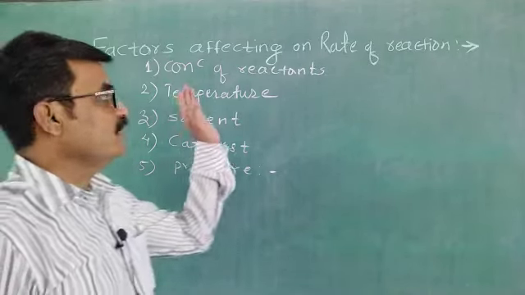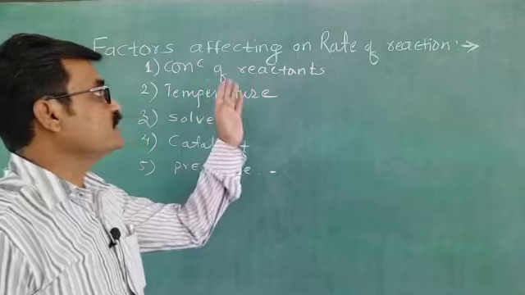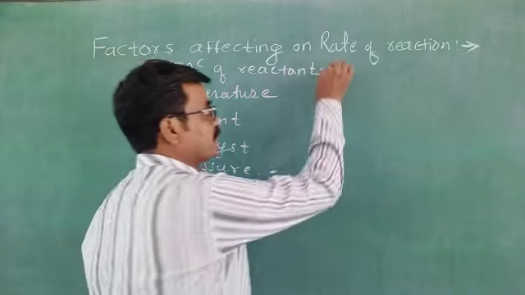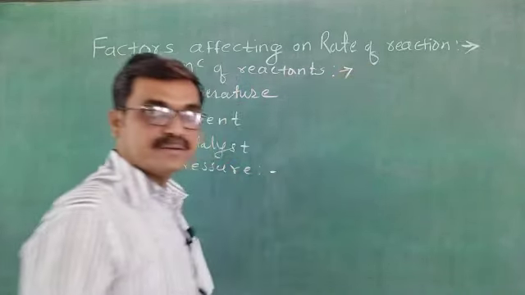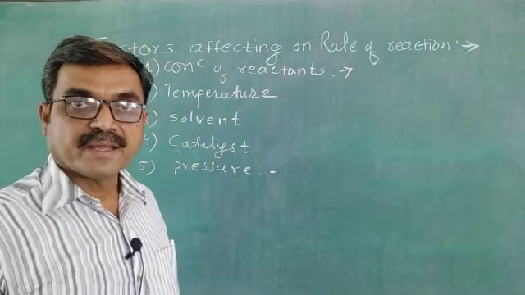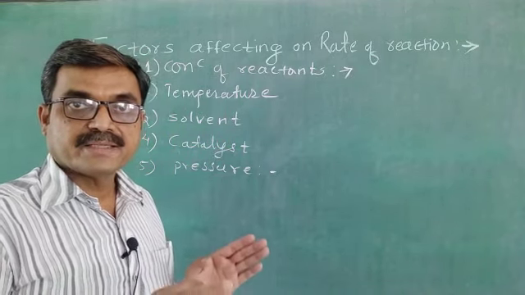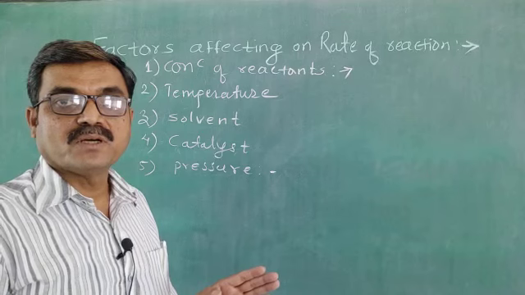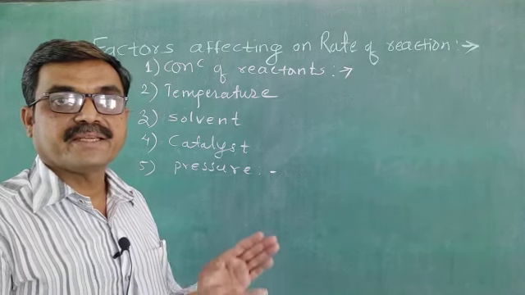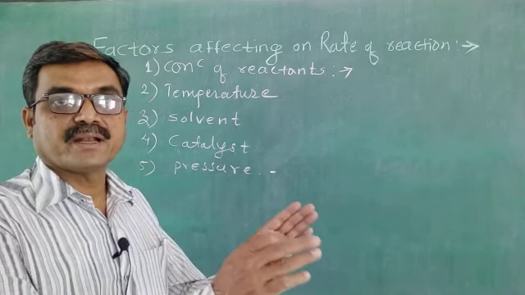Now first of all, effect of concentration of the reactant on the rate of reaction. This is the first point. As you know, the rate of the reaction is directly proportional to the concentration of the reacting species raised to their number of moles.